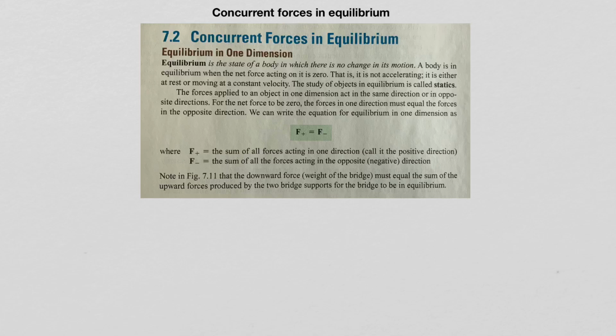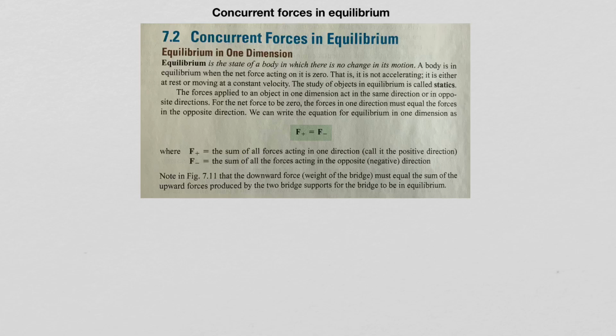The forces applied to an object in one dimension act in the same direction or in opposite directions. And so for the net force to be zero, the sum of forces in one direction must be equal to the sum of forces in the opposite direction.